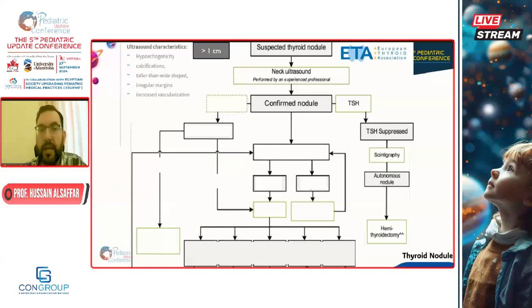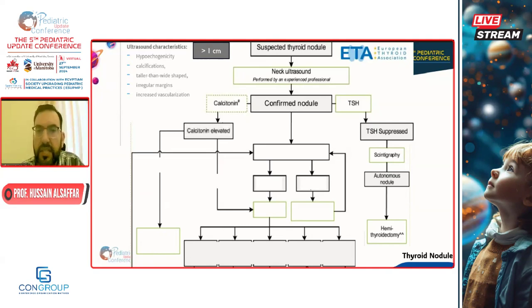Now, if we deal with slightly different cases, in children with suspected medullary thyroid carcinoma based on family history, for example, a family history of MEN, multiple endocrine neoplasia 2, or in case of a bulky thyroid, then for these individual cases we might need to measure their calcitonin.